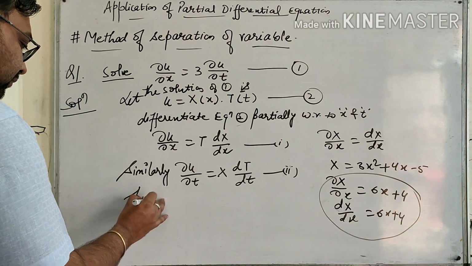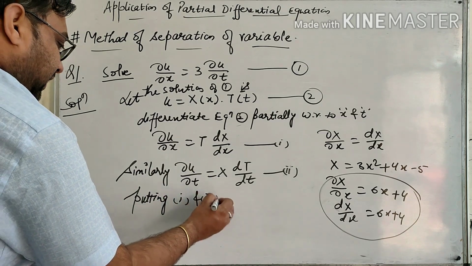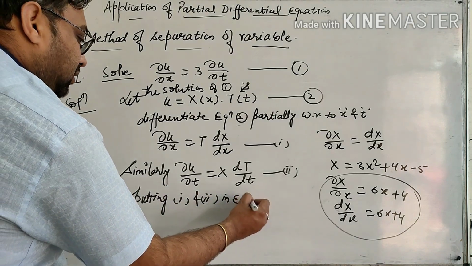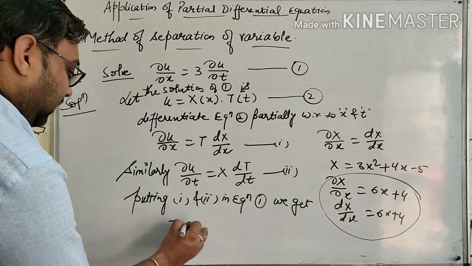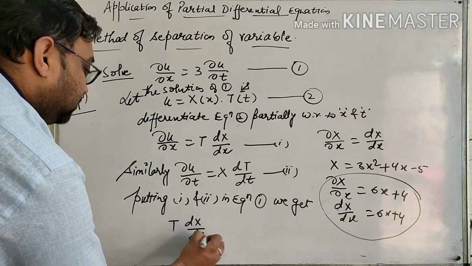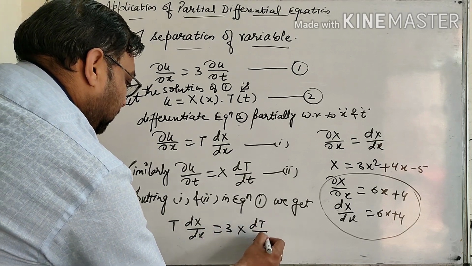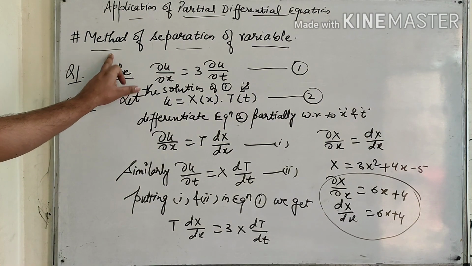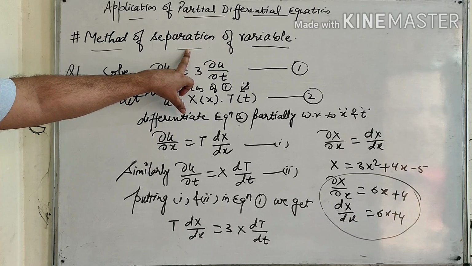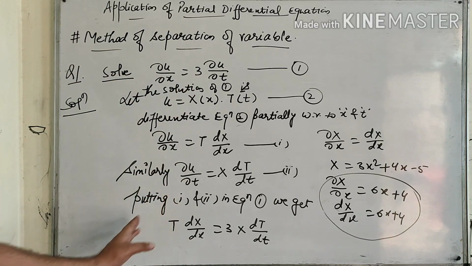Now putting first and second in equation number 1, we get capital T d capital X upon d small x equals 3 capital X d capital T upon d small t. As stated, we have to apply the method of separation of variables, that is, we have to take capital X on one side and capital T on the other side.